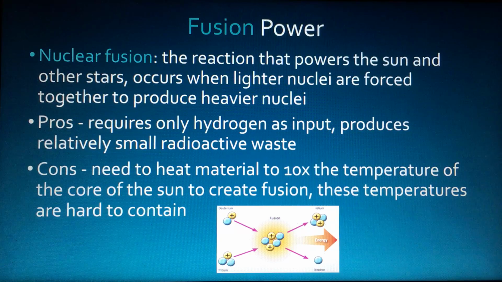Some pros are that it requires only hydrogen as an input and produces relatively small radioactive waste. A con is the need to heat material up to 10 times the temperature of the core of the sun to create fusion, and these temperatures are very hard to contain.